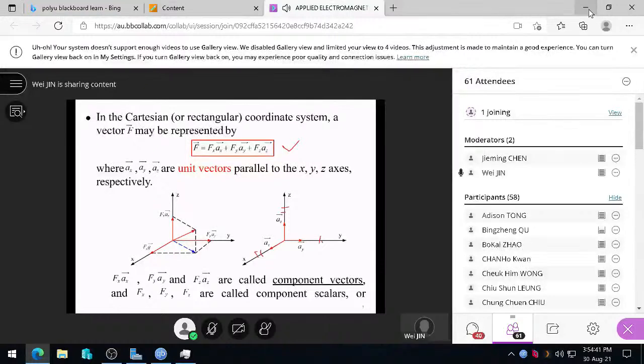Now this is vector q, right? So for vector p plus q, you draw a parallelogram. The diagonal line we call s. S is just equal to p plus q. So this is the vector addition.